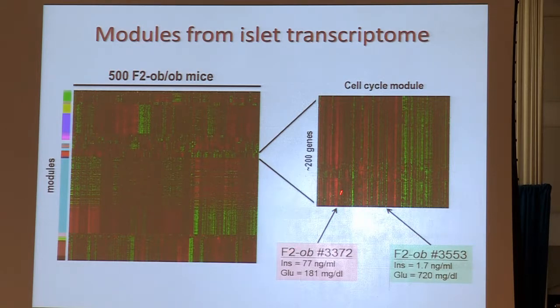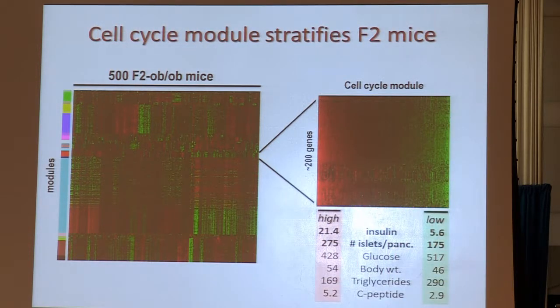And I want to show you that an animal that has sort of red expression of these genes is better off than an animal that has a green expression. So green is a decrease, and red is an increase in expression. And if I simply sort the mice based on their expression of just these 200 genes, which are cell cycle in nature, and just the islets, you can see that they give rise to animals that are more protected against diabetes versus those that are not.